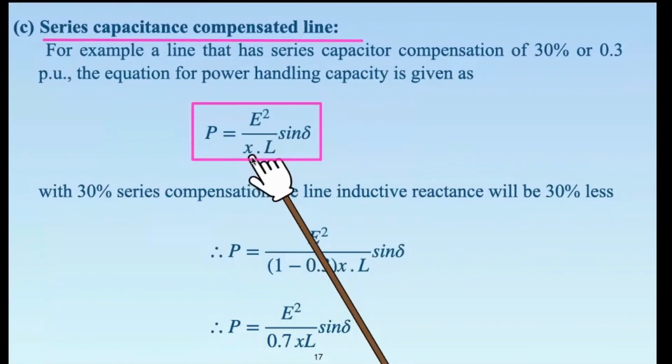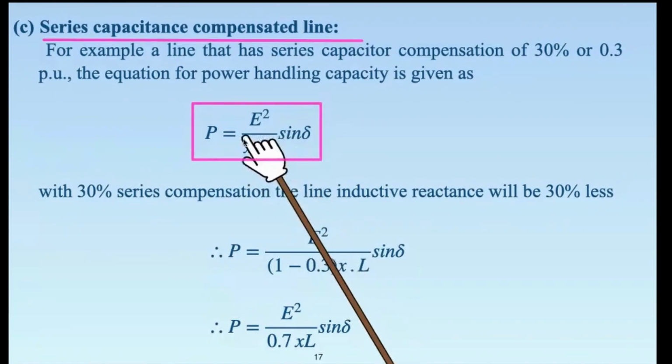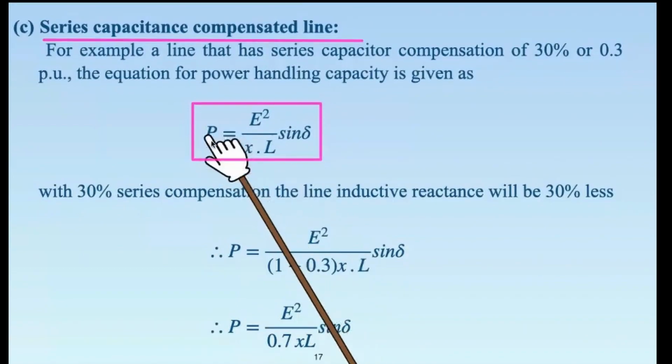It depends upon the dimension of the transmission line and the configuration of the conductors on the transmission tower. We cannot modify this value directly by changing the tower structure or by changing the configuration of the transmission lines. So what is the other way out? We can decrease the denominator part. If we decrease the denominator, we can increase the power handling capacity.